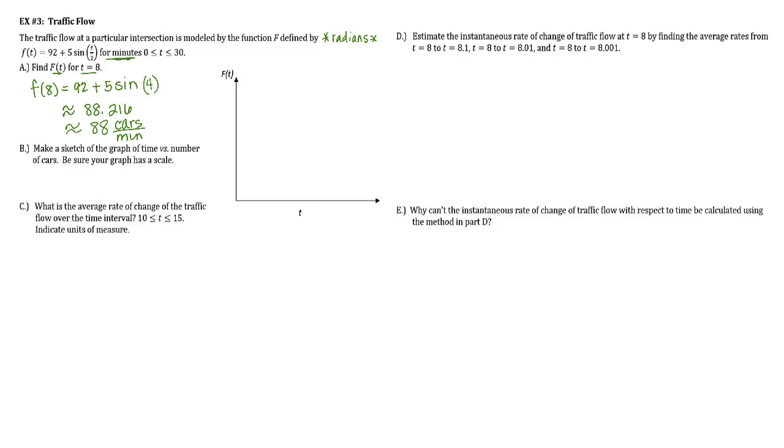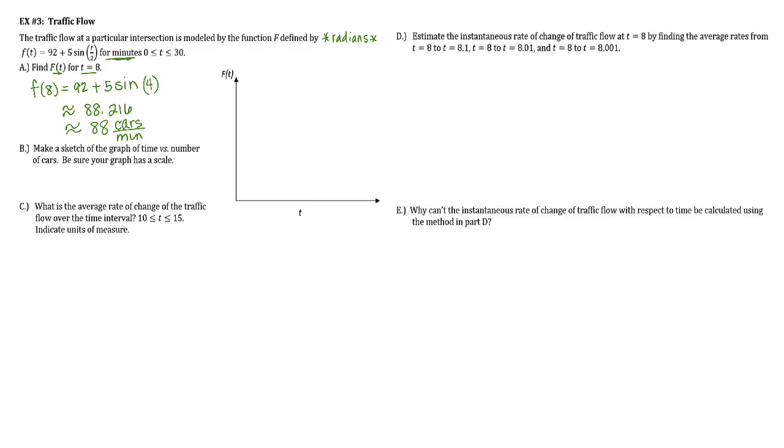Okay, so for part B, it says make a sketch of the graph of time versus number of cars and be sure your graph has scale. So this is where we would need to type this in our calculators and make sure we've got all of our intervals and such. So let's go ahead and sketch what we see.